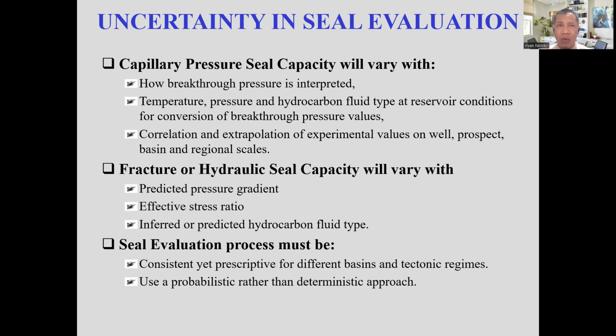This means that while the evaluation approach should maintain uniformity, it should also provide specific guidelines tailored to the unique characteristics of each basin and tectonic regime. Additionally, a probabilistic approach considers uncertainty, assigns probability to different outcomes, and should be used instead of deterministic approach that assumes precise and certain result.